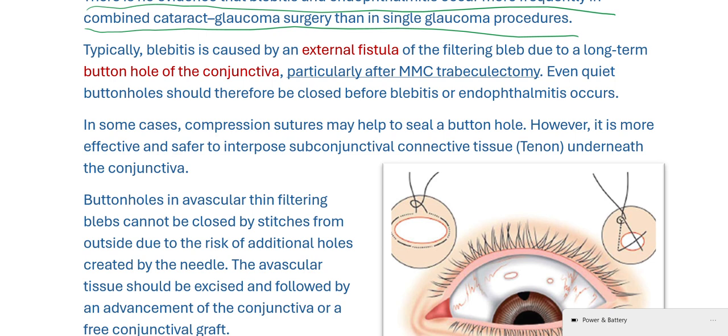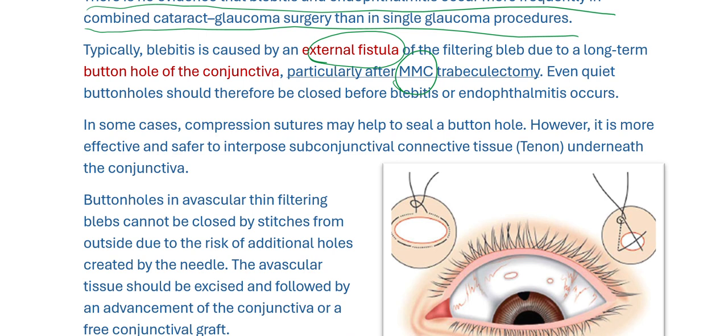The filtering bleb has become thinned, and then the epithelium has grown and formed an external fistula connecting the outside environment to the subconjunctival and the inside of the eye. This happens usually or particularly after MMC trabeculectomy, which has several consequences that we will discuss in the glaucoma chapter.